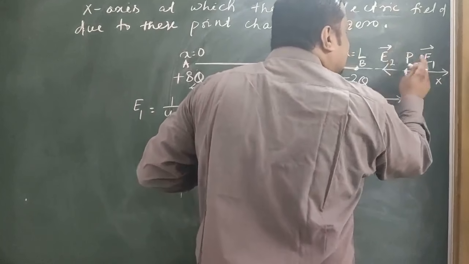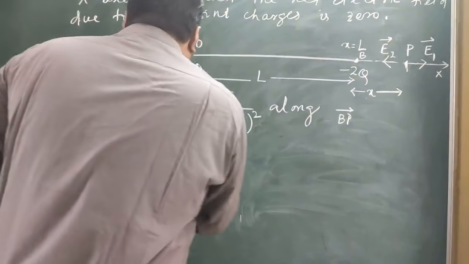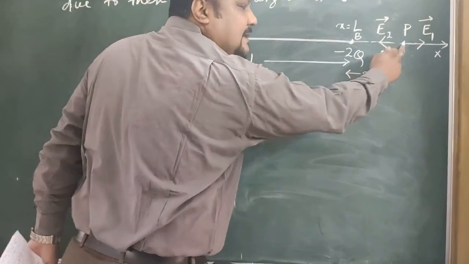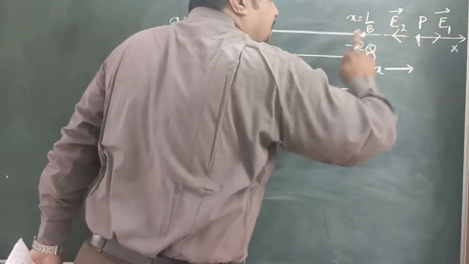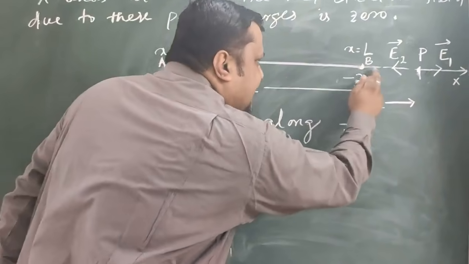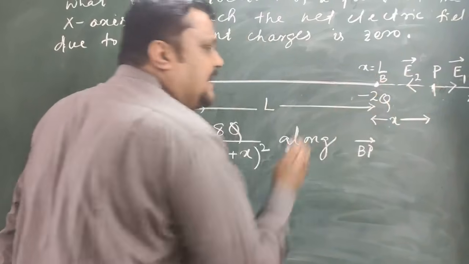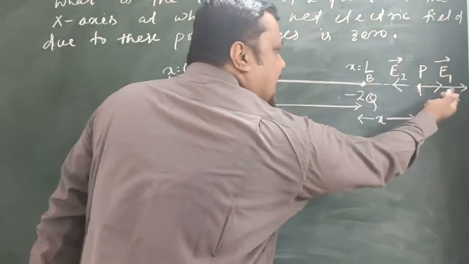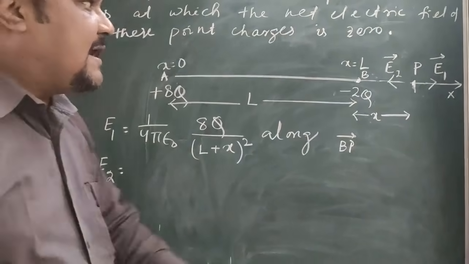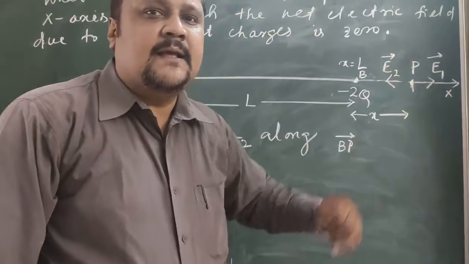Now you see here, two electric fields. E1 at the point P is along the direction B to P. Due to the charge minus 2Q, the field at P is towards B. They are in opposite directions, so the angle between them is 180, and they can give a resultant electric field of 0.